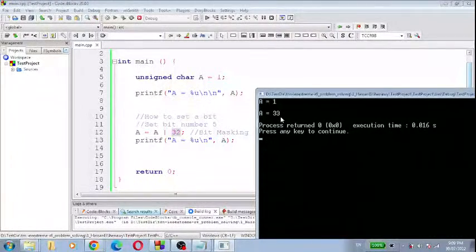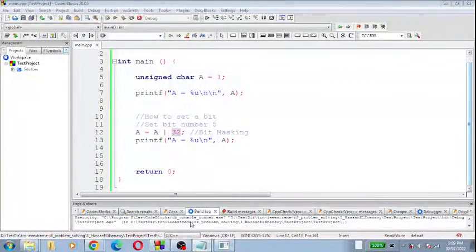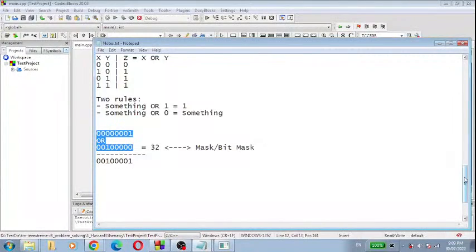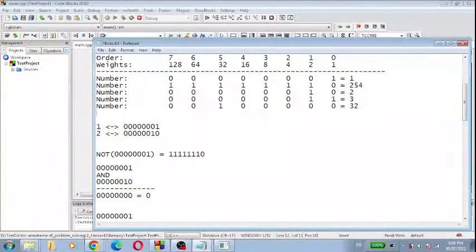Actually, going to our notes here, I need to represent 33, so I could have 0 0 then 1. So now I have 1 lifted.